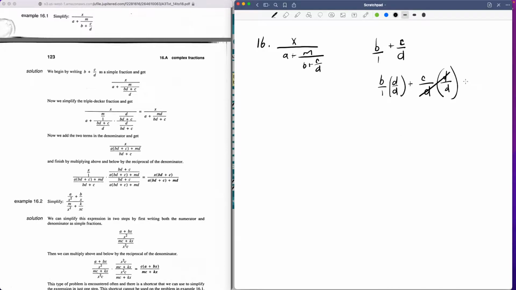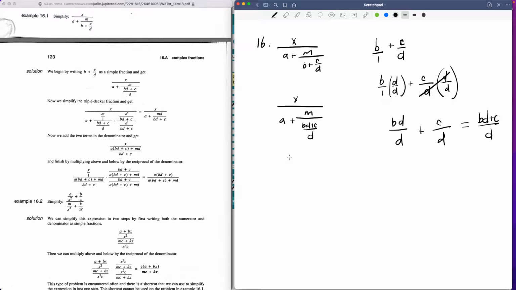So you just end up with bd over d plus c over d. Now that they have the same denominator, we can write that as bd plus c over d. And then we can come over here and replace that. So x over a plus m over bd plus c over d.